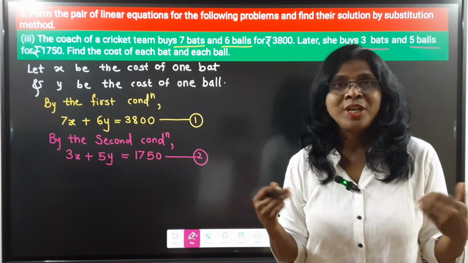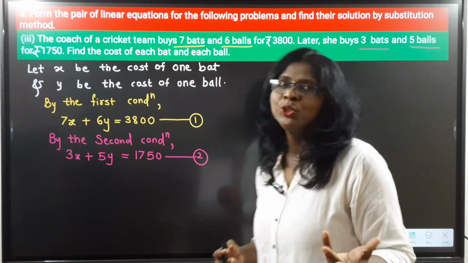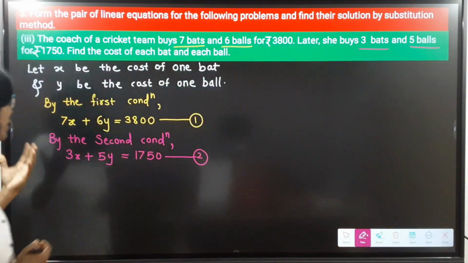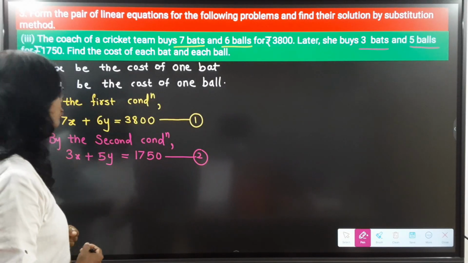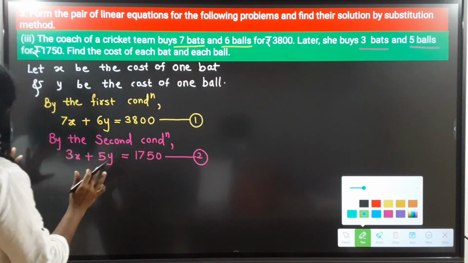Here, students, we choose an equation for the substitution purpose. Which equation do we choose? I choose the second equation.